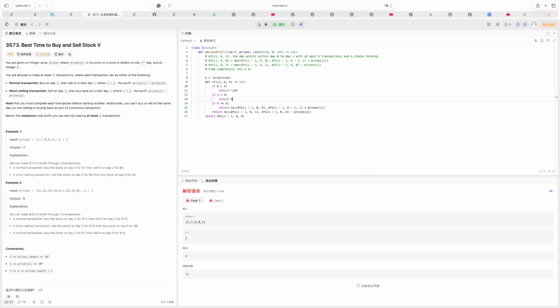But we cannot buy having number of transaction larger than K. So this will not be changed. And so when we hold zero stock, we can buy, we can sell.